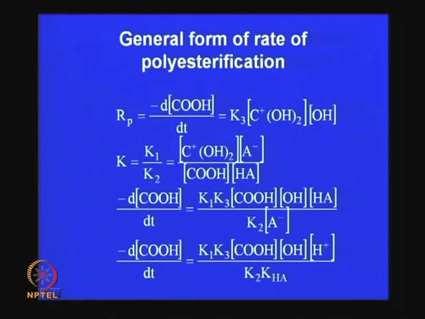So rate is calculated here: the time taken by you people to go out of this room, number of people going out divided by time, that is the rate. 2 persons in 5 seconds, so 2 by 5 gives you an idea of the rate. Here also, how many carboxyl groups or hydroxyl groups are exhausted?